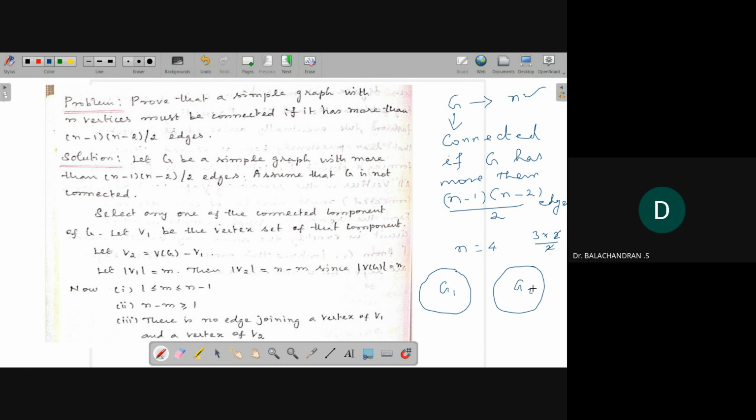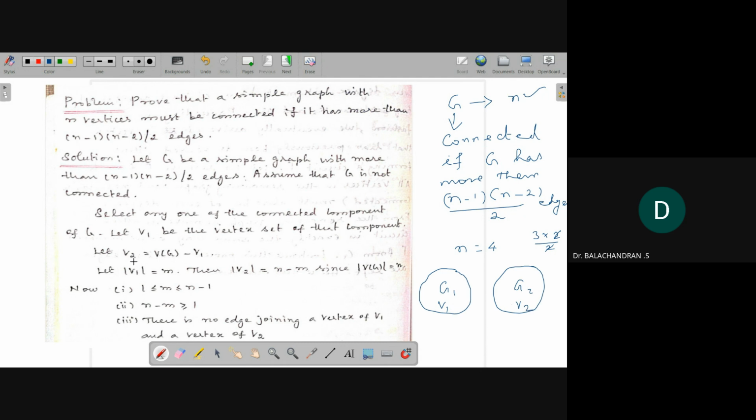It may have more than two components also, but I will take two components. Select any one component of G. Let V1 be the vertex set of that component, so in G1, V1 is the vertex set. Similarly, in G2, V2 is the vertex set.